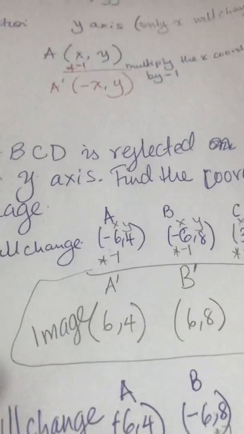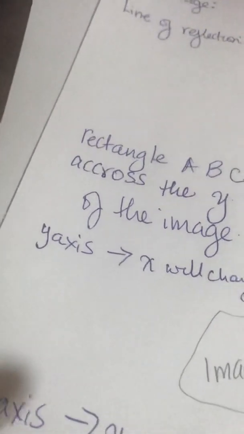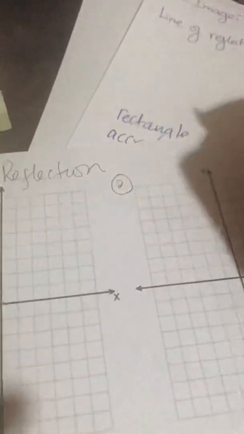You can plot. I'll give you points to plot, and then you will do it on your graph paper. So I'll give you 4 questions to do, on your graph paper, okay? So you will write reflection. For number 1, I want you to do across x-axis. For number 2, I want you to do across y-axis.